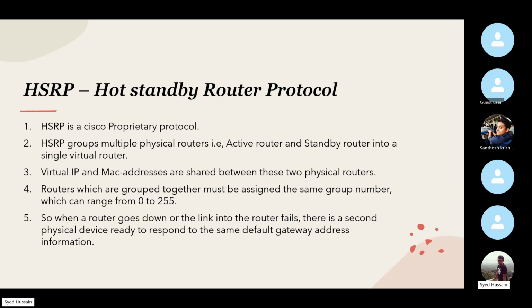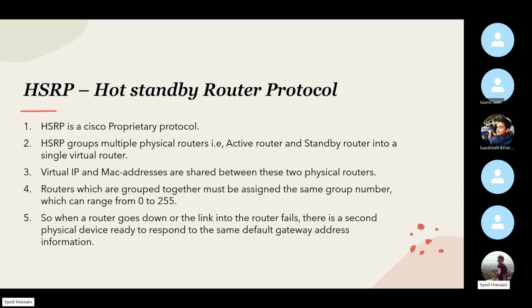For example, if we have three routers in our organization, one router will act as active and the other two will act as standby. The network administrator configures the routers. If the active router goes down, it will check the other two routers for the best priority and highest MAC address. That one will be selected as the active router, and the third router will go to standby. This is how it works.